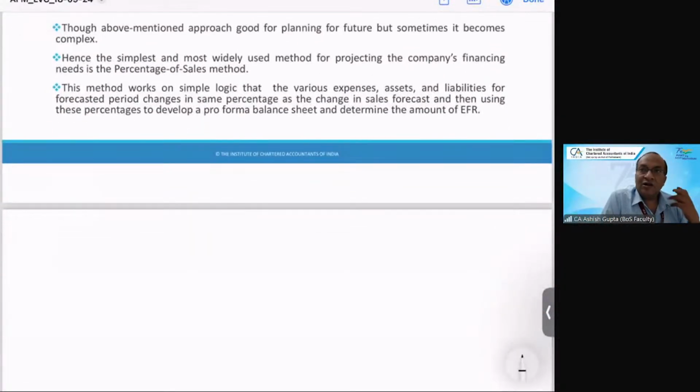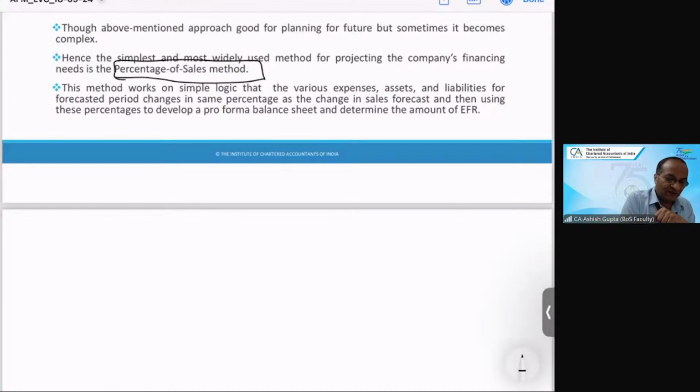Now the question arises, how can we compute the external funding? Generally, we use the percentage of sales method. By what percentage our sales is increasing, accordingly we change our forecast. We incorporate this change in our forecast and compute the amount of external funding requirement accordingly.